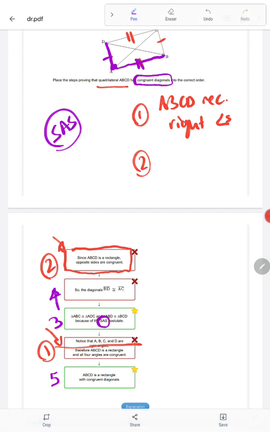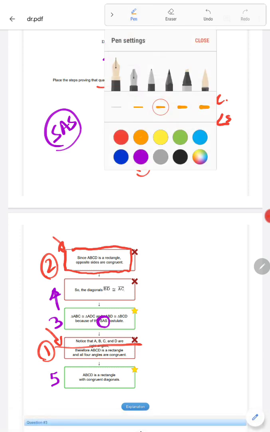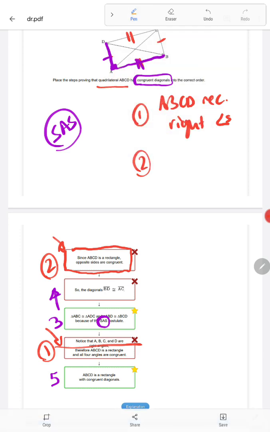Now that the triangles are congruent, I can move on to the next step. Their hypotenuses must be the same. If the triangles are the same, all of the corresponding sides are the same.